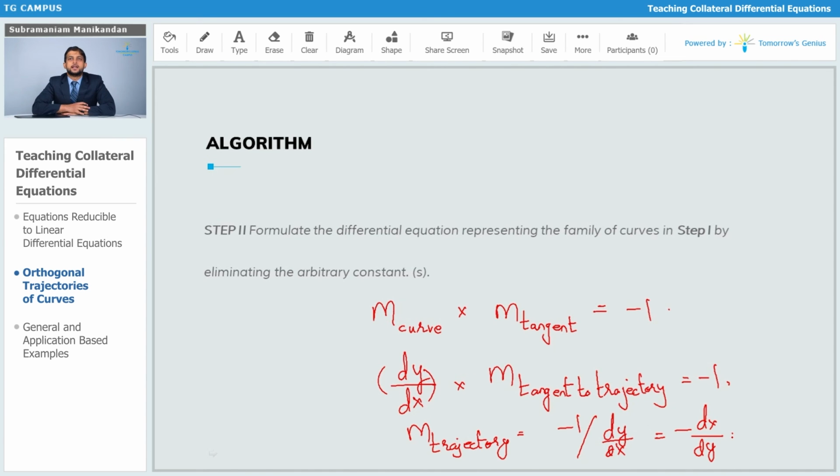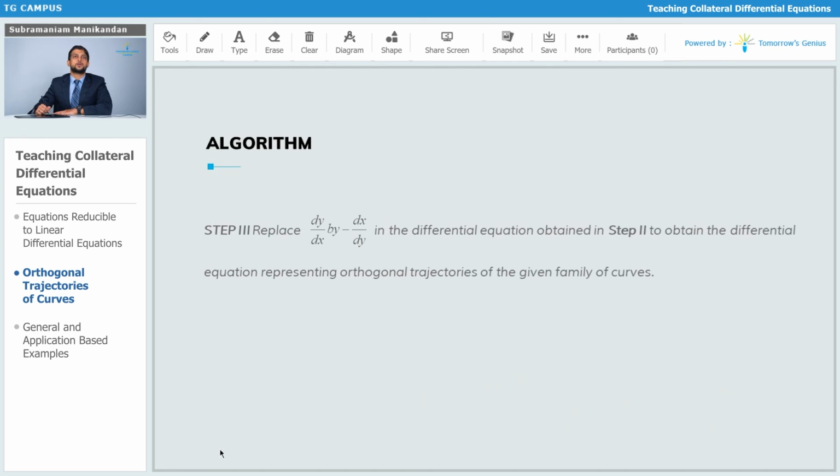And so this is the expression that you require. Step 3: replace dy by dx by minus dx upon dy in the differential equation which we obtained in step 2, and solve this differential equation in the next step.